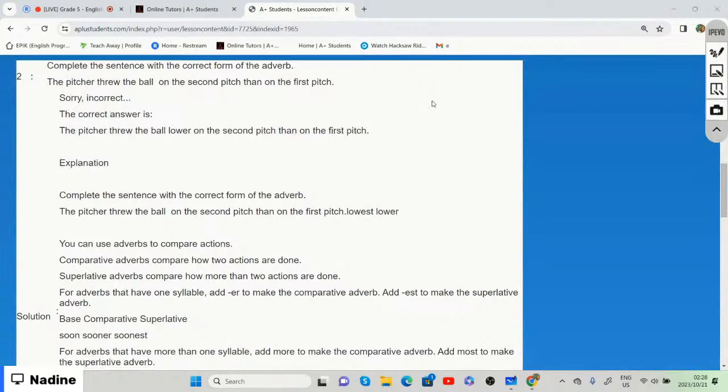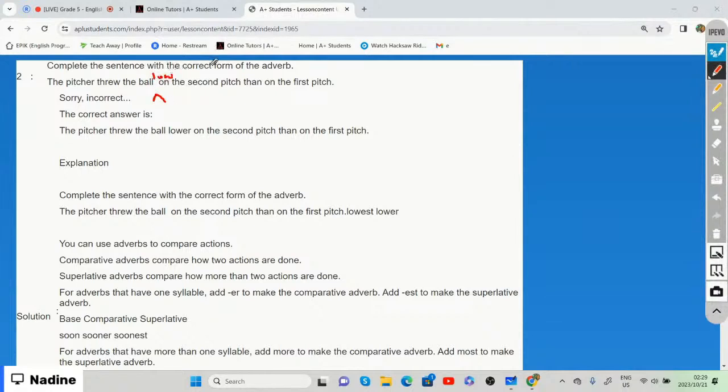The pitcher threw the ball on the second pitch than on the first pitch. So the word that we are going to add there is, the pitcher threw the ball low.